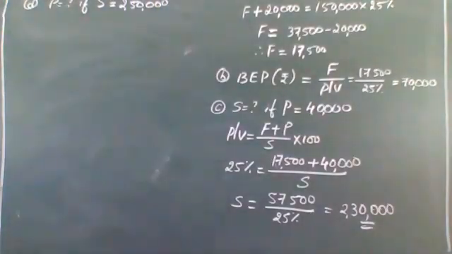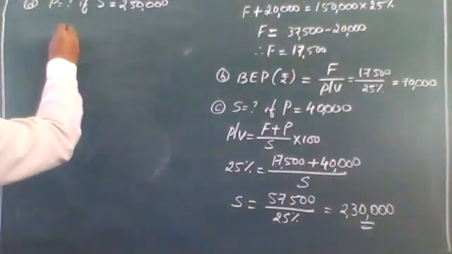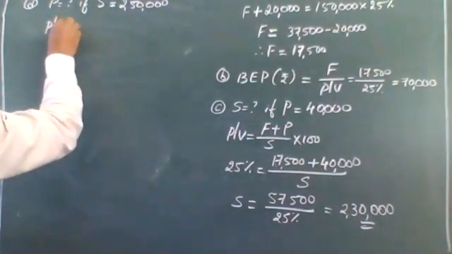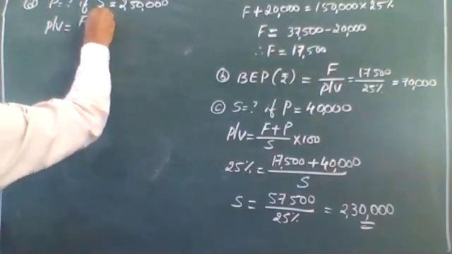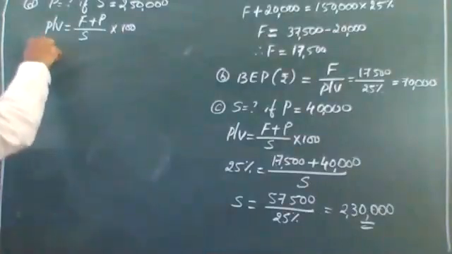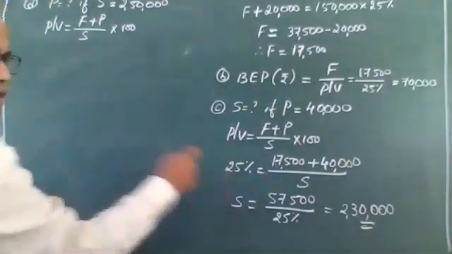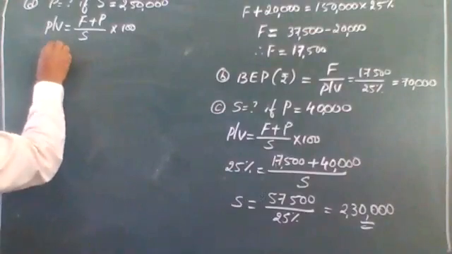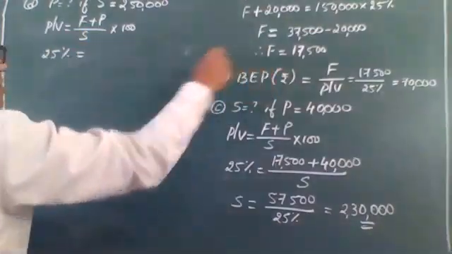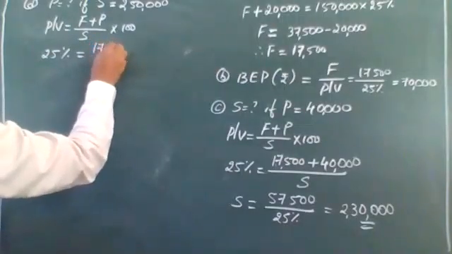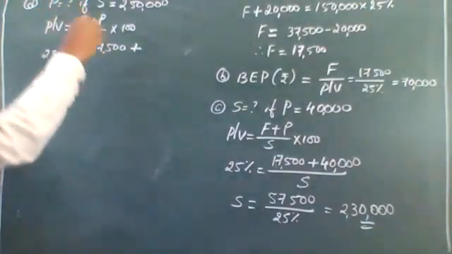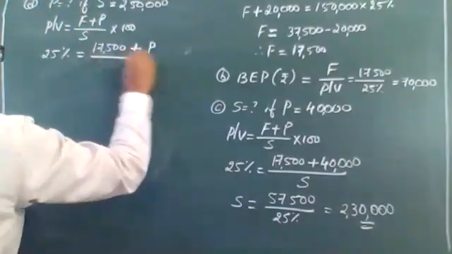That's the question. So I'm applying the same missing information formula: PV ratio is equal to F plus P by S into 100. PV ratio remains the same, 25%. Fixed cost remains the same, 17,500, plus profit, which is a question mark. So keep profit as a question mark.